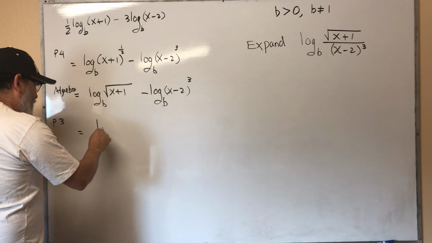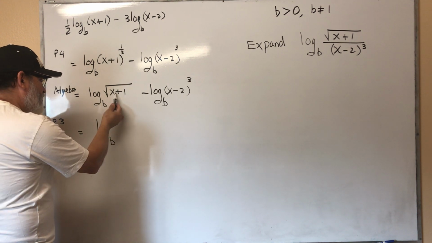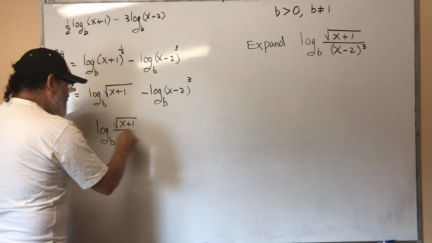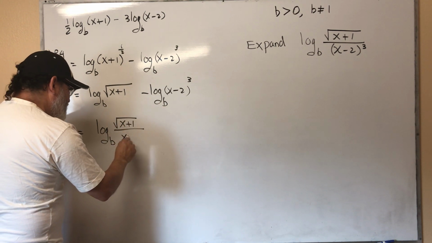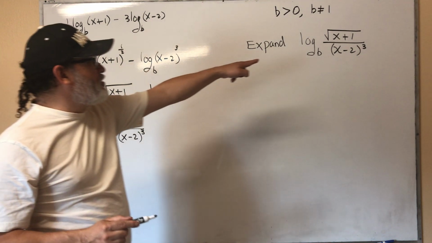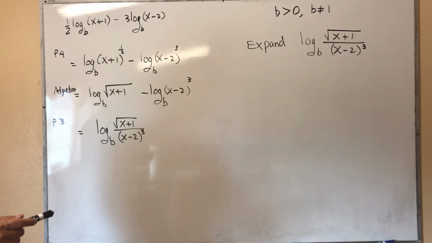So this is log base b of the square root of x plus 1 divided by x minus 2 to the third power, and we're back to where we started.